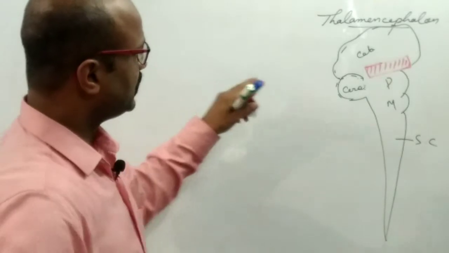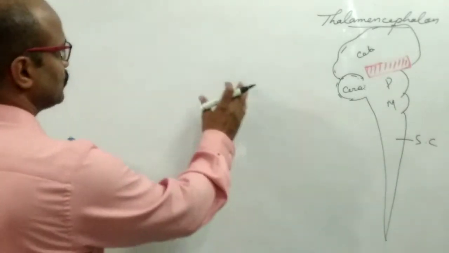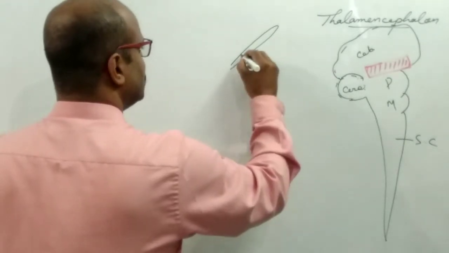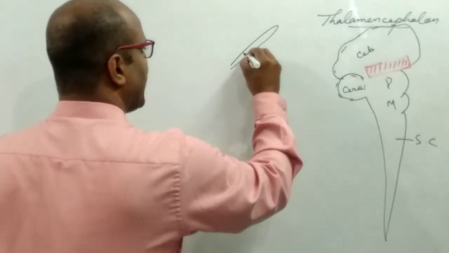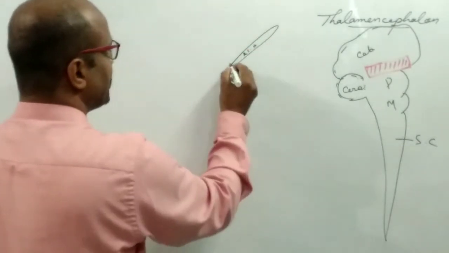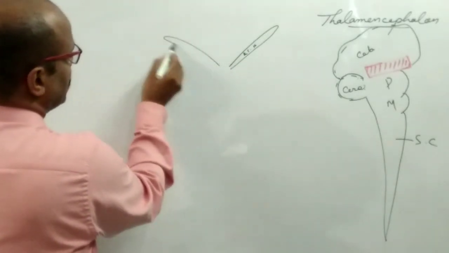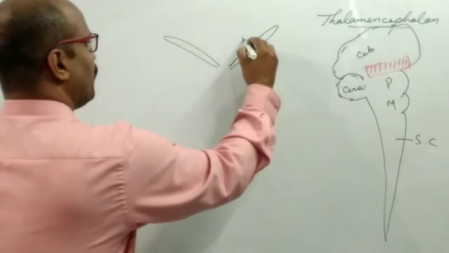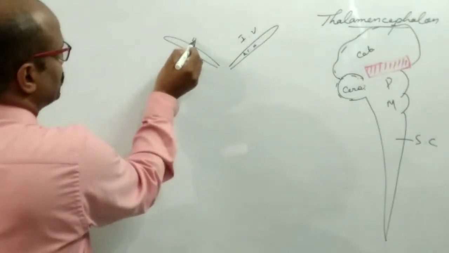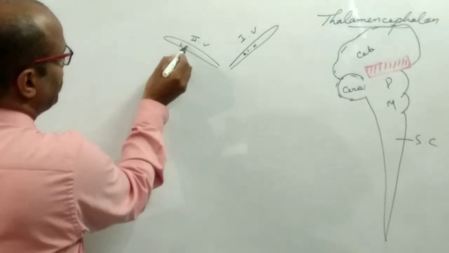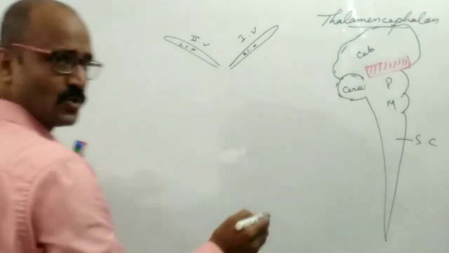So let me draw the diocele. Suppose that this is the first ventricle, the ventricle of the right cerebral hemisphere, as I told earlier, and this is the second ventricle, present inside the left cerebral hemisphere.